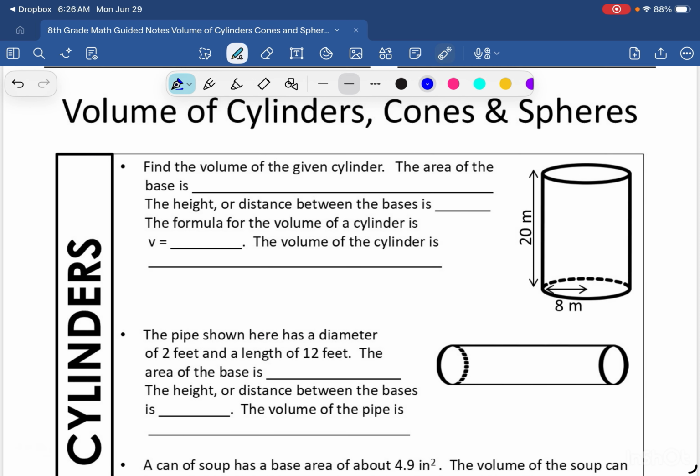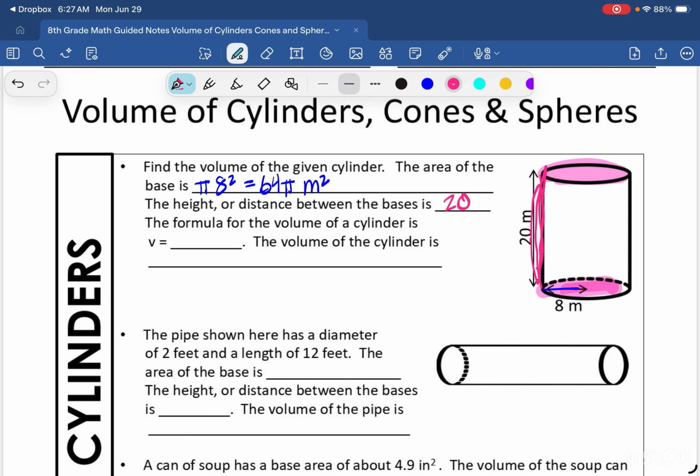Find the volume of the given cylinder. The area of the base will be pi times my radius, which is 8 squared, which equals 64 pi, and we'll just leave it in exact form right now. So 64 pi meters squared. The height or distance between the bases is 20.